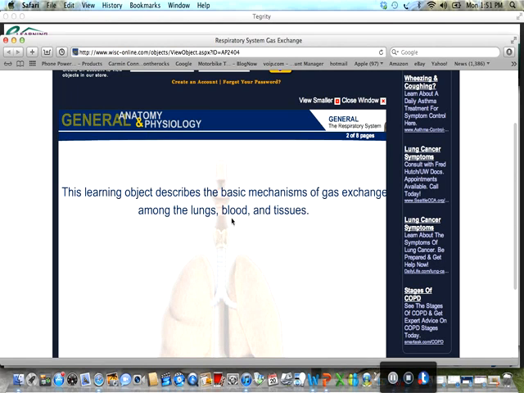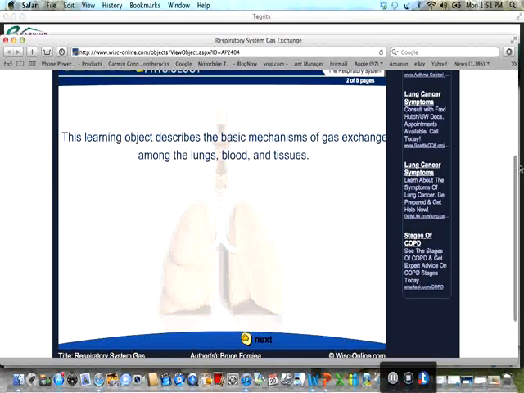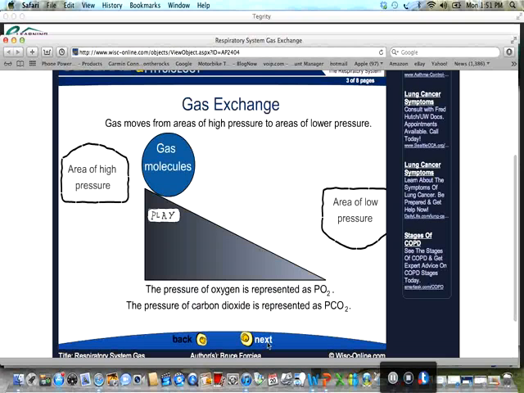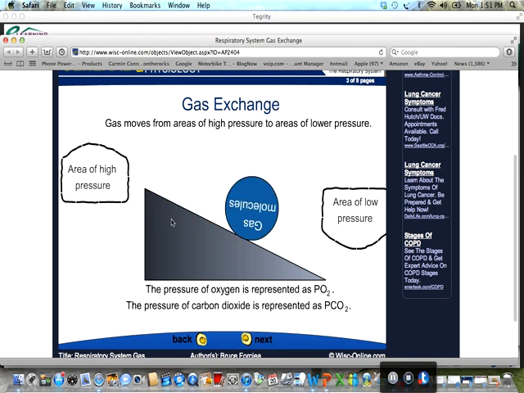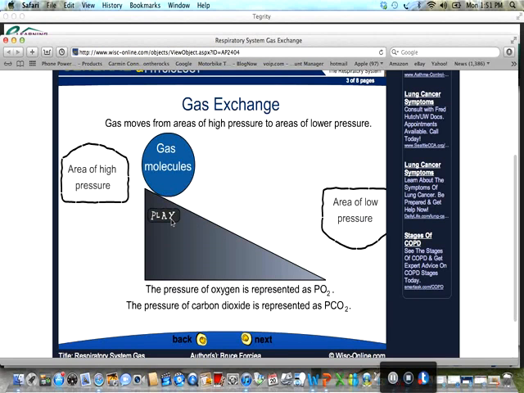This learning objective describes the basic mechanisms of gas exchange among the lungs, blood, and tissues. Gas moves from areas of high pressure to areas of lower pressure. The pressure of oxygen is represented as PO2.